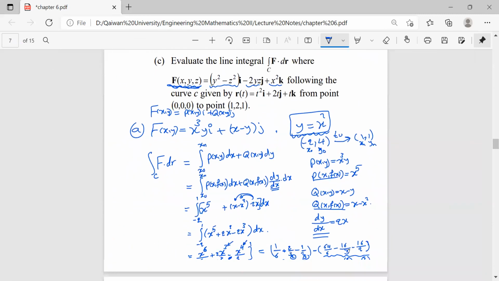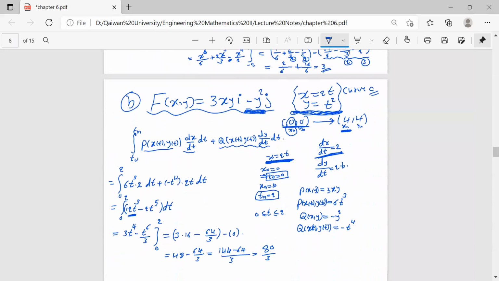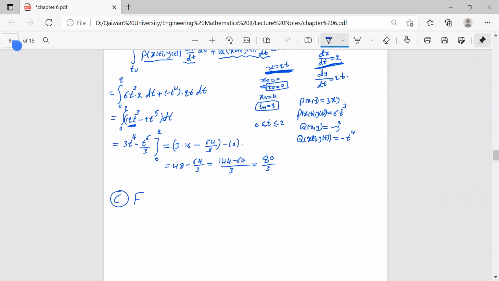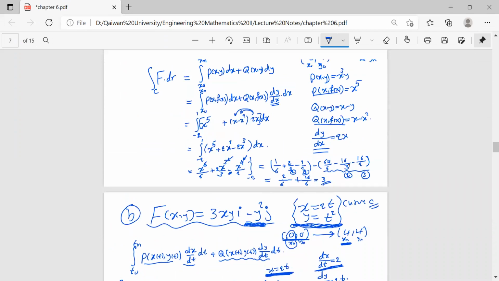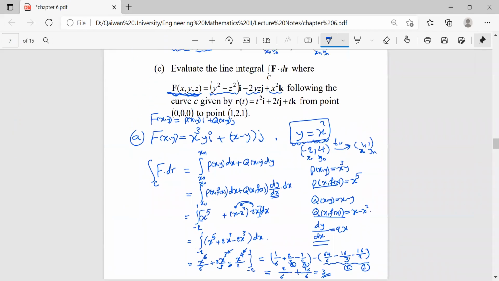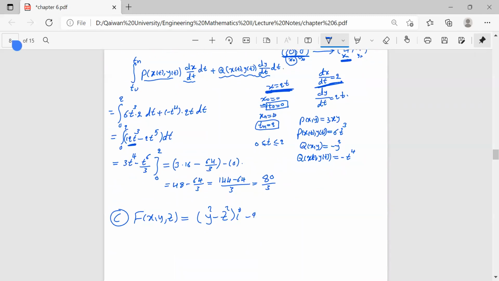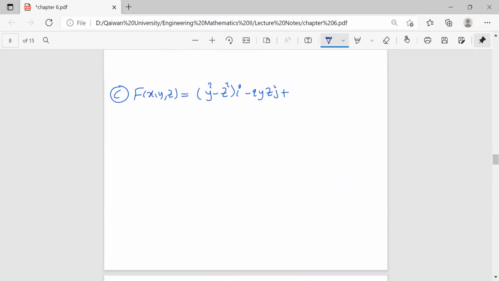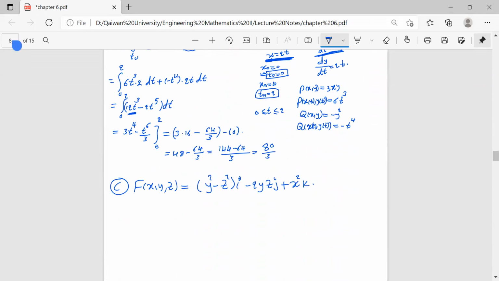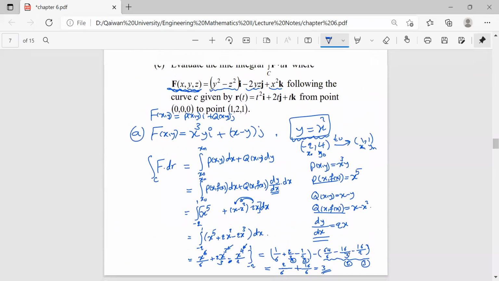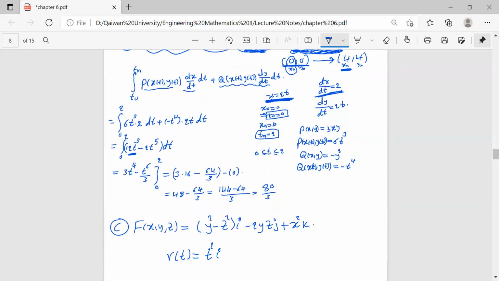F of x, y, z equals y squared minus z squared i, minus 2yz j, plus x squared k. And you are given that the curve is r of t equals t squared i plus 2t j plus t k.